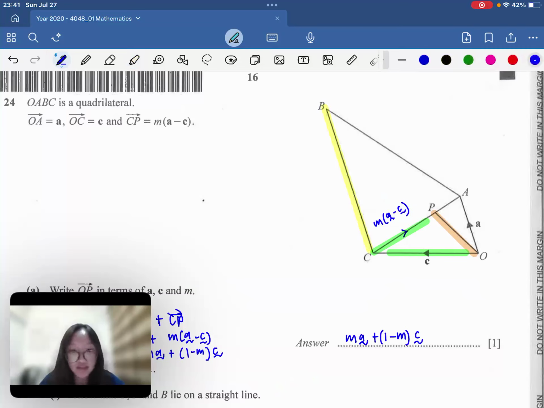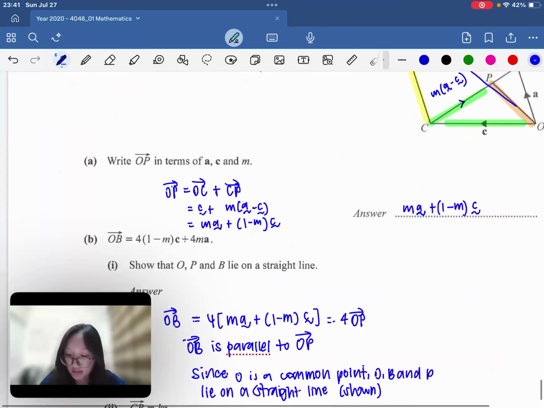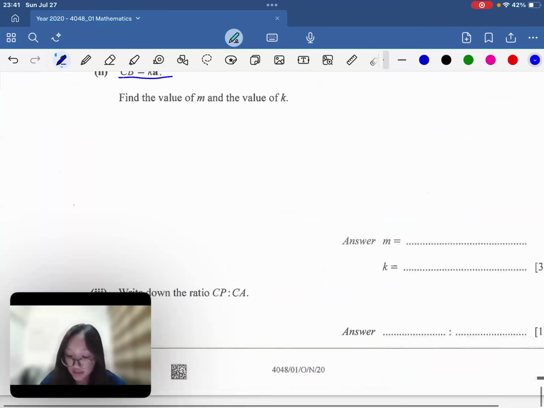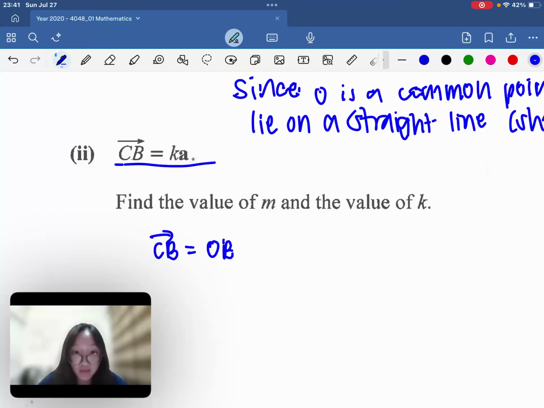So how do we find CB? CB is equal to OB minus OC.